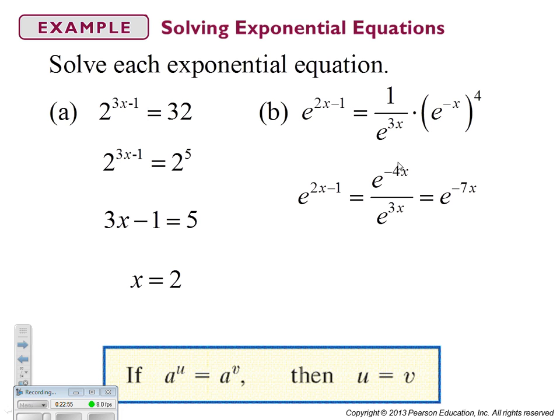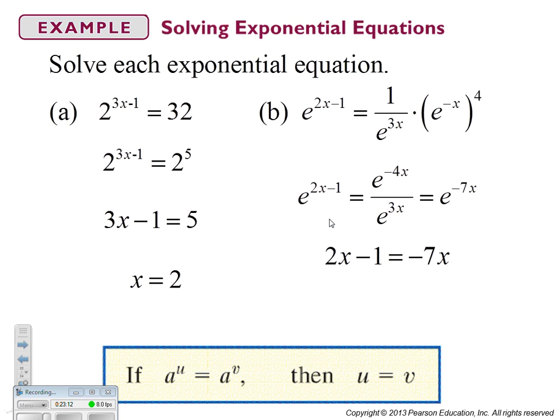And when I have division, I subtract my exponents. So this is going to be e to the negative 4x minus 3x, which is e to the negative 7x. And then I can ignore the e's and just go 2x minus 1 equals negative 7x.